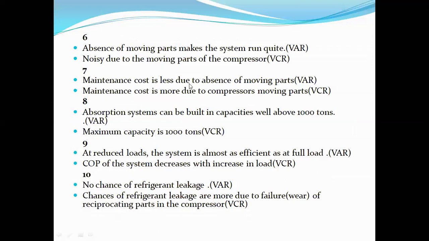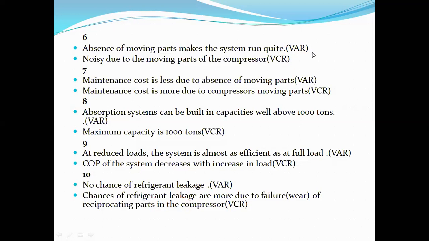as we have a compressor in case of VCR, it makes a lot of noise because of the moving parts. Noise does not exist in VAR because we don't have a compressor. It is not noisy because there are no moving parts of a compressor in VAR.